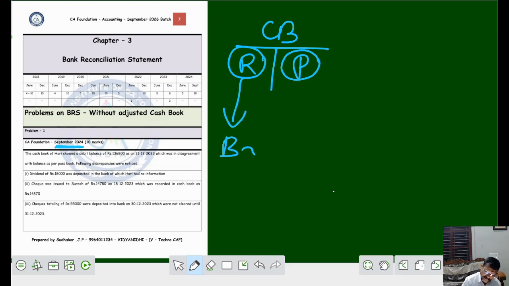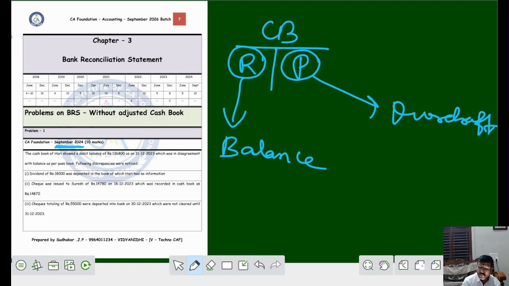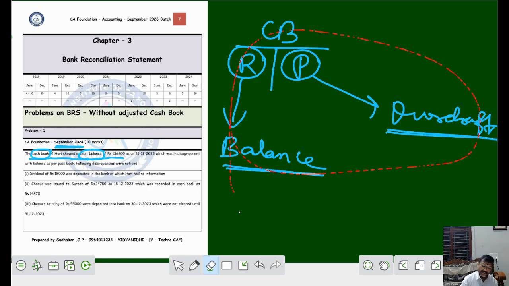Receipt is nothing but balance, payment is nothing but overdraft. Here they have mentioned that the cash book of Hari showed a debit balance. Which book? Cash book. What does it show? Debit balance. So let us start the solution.